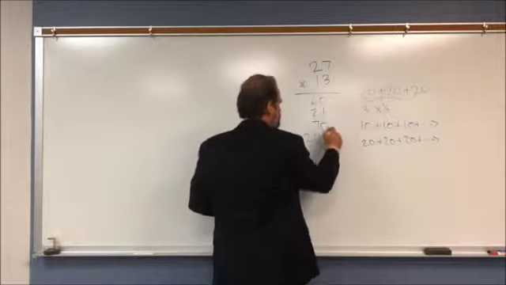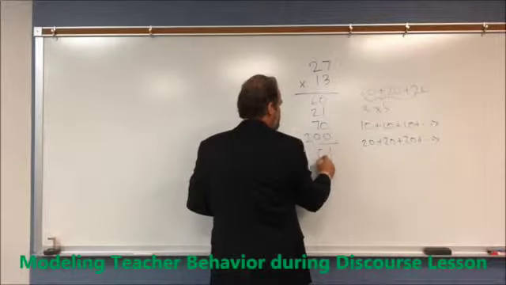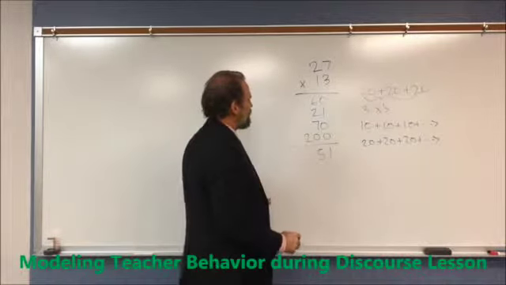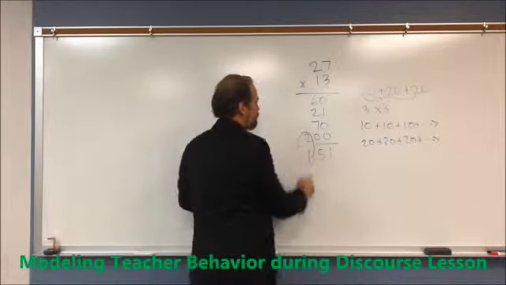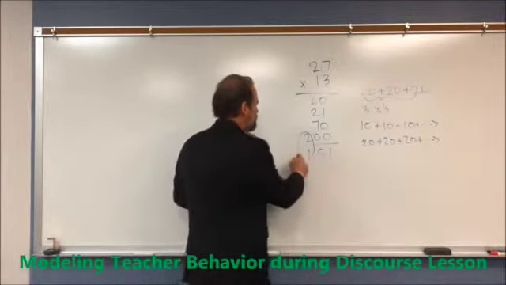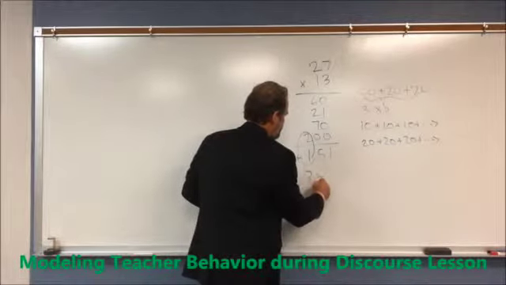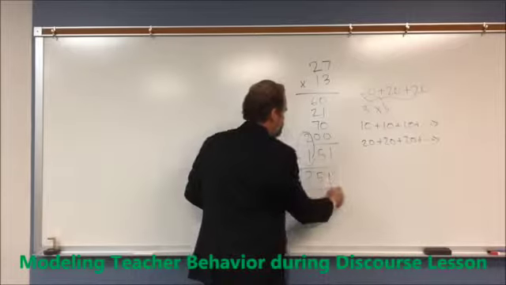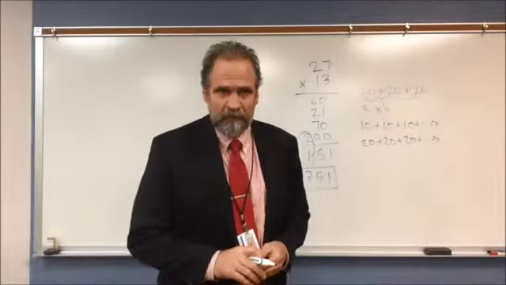This is 1, 7, 8, 9, 9 and 6 is 15, right? So now if I said 15, I still have to add those together, don't I? And what is 2 plus 1? It is 3. So 351 is our answer if I'm multiplying, okay?